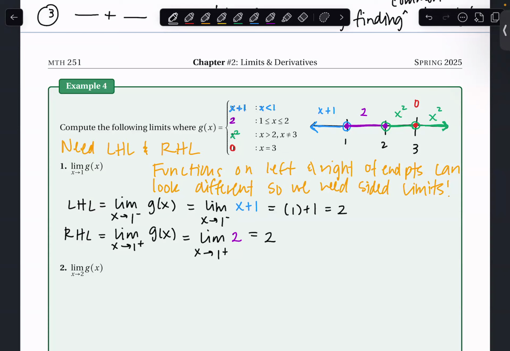But as soon as the sided ones exist and agree with each other, that's going to be my answer about what's happening nearby. So these agree, and so this is telling me the limit overall as x approaches 1 is going to equal 2 in this case. Okay, again, in piecewise functions, we're extra cautious of the endpoints because on the left and on the right, we could be using different formulas.